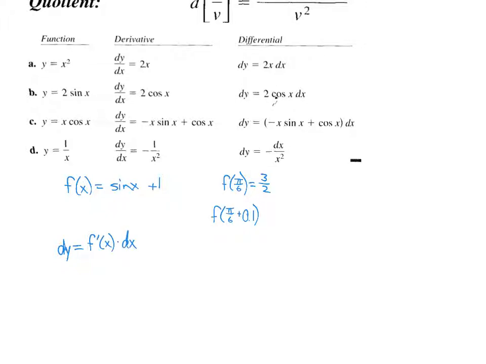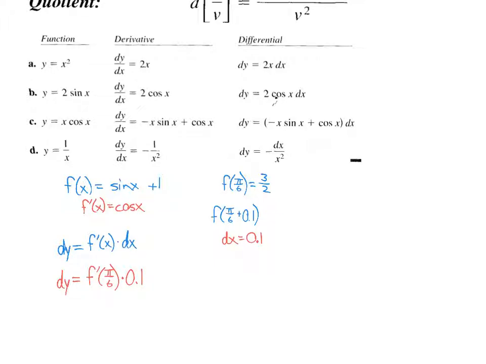So we need to identify some things here. What's f prime of x? Cosine x. What is dx? 0.1. So dy is going to be f prime of pi over 6 times the delta x.